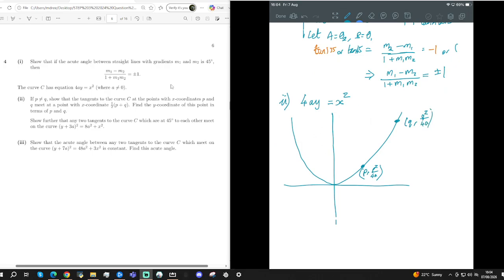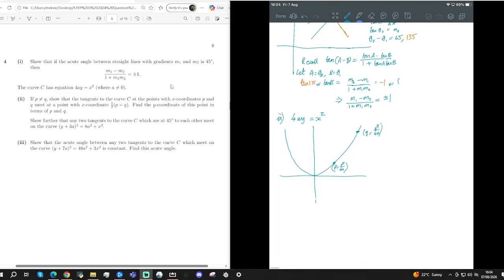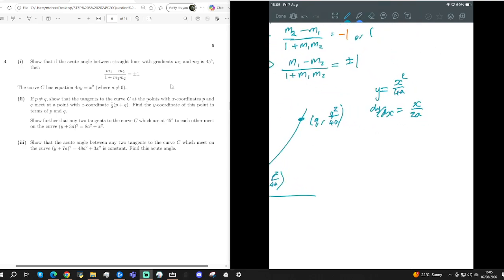We want the tangents at these two points, and we want to end up intersecting them. So to find tangents, we need to find the derivative and therefore the gradient. So dy by dx is going to be x over 2a. The 2 that spawns cancels down with the 4.